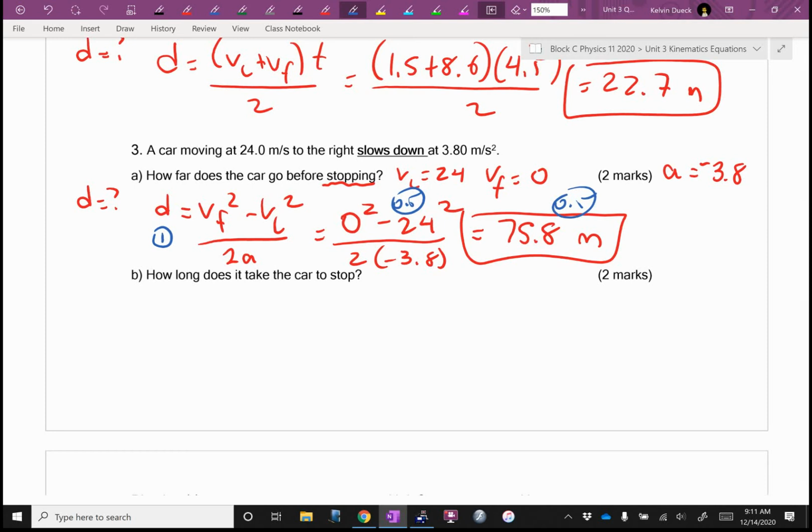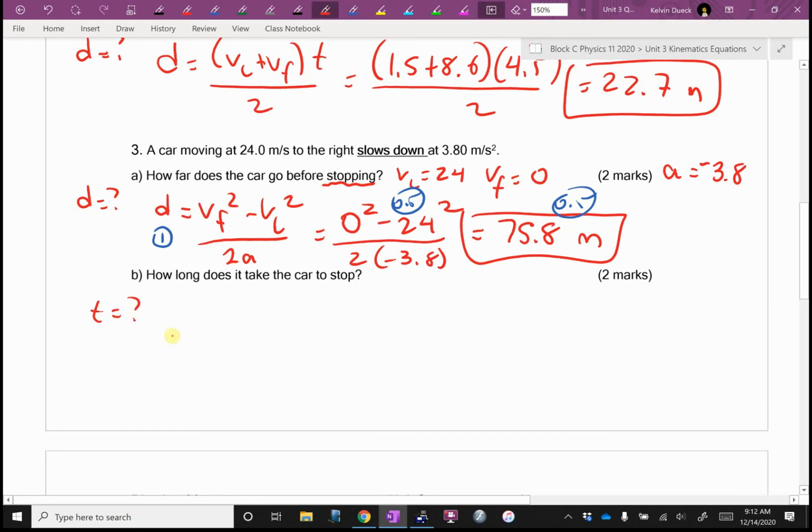Alicia, what's B asking me to find? Yeah, and I'm glad you said distance, because how long can mean both, but the fact that I found distance in A, technically displacement, I don't think they're going to ask me to find it. I think this how long is time. I'm not going to relist everything.